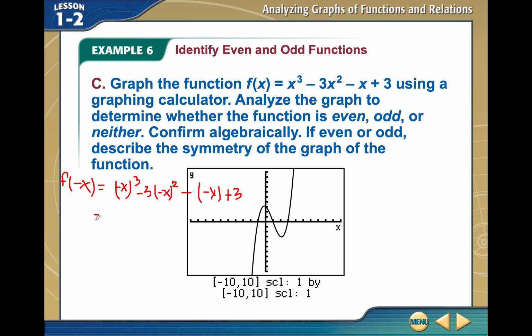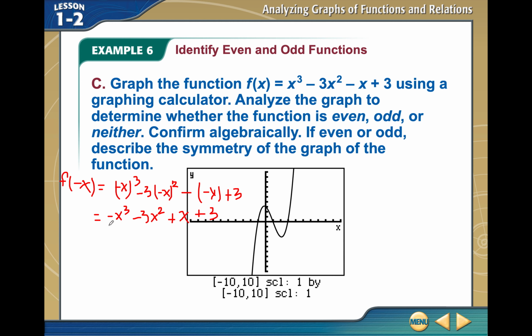So we know that when negative is cubed, it will remain as negative, so that's negative x cubed minus 3, and we know that a negative squared is positive, so that's x squared, and we know negative multiplied by negative is plus x, so that's plus x and plus 3.